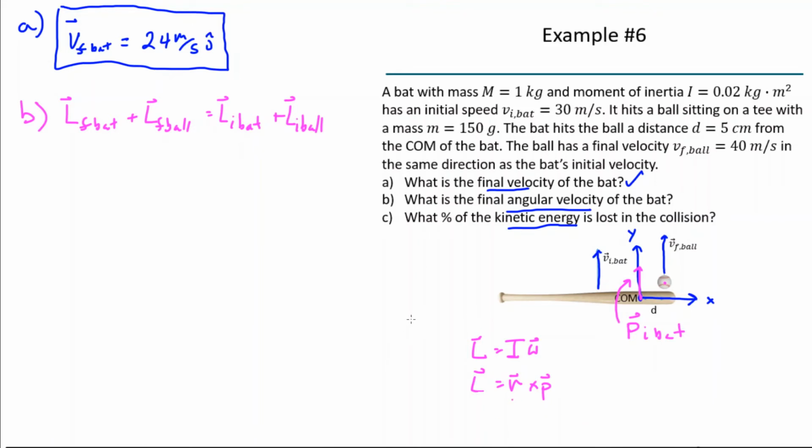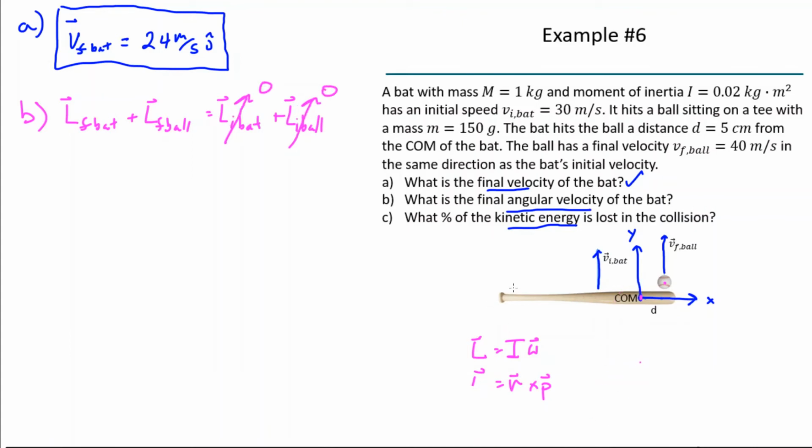So that means this r vector is 0 for the bat before it hits the ball. So we can say that the initial angular momentum of the bat is just 0. And the initial angular momentum of the ball is also 0 because the ball's not moving when we start. So the initial angular momentum of this system is just 0.